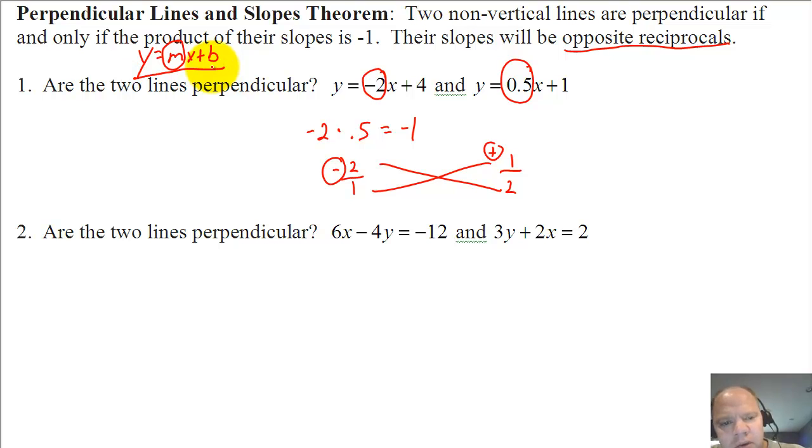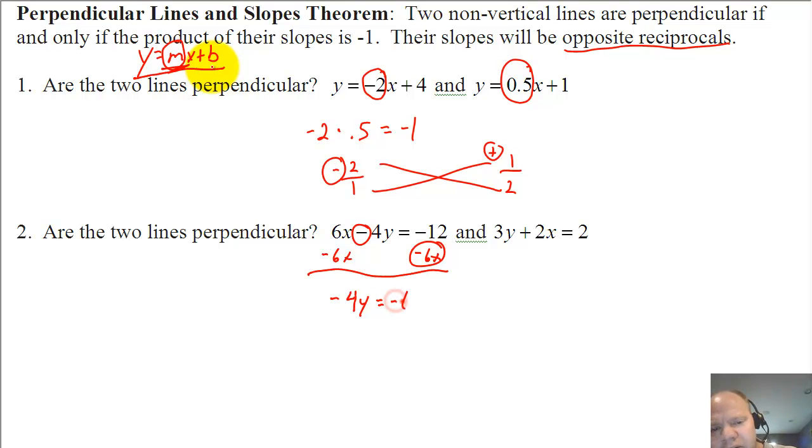I'm going to start by subtracting 6x from both sides, which gives me -4y. Don't forget to bring the negative down with the 4y. It is equal to, and I'm going to put the x term first because I want it to look like this up here.